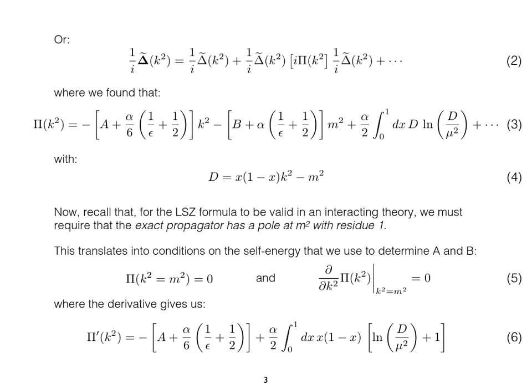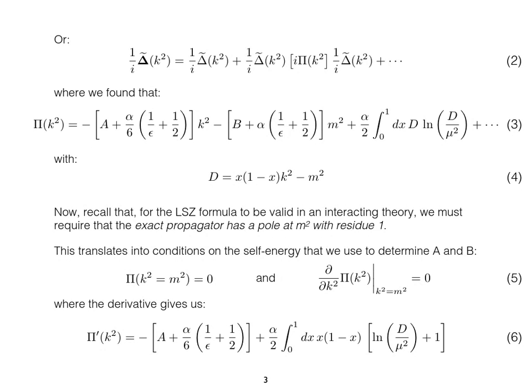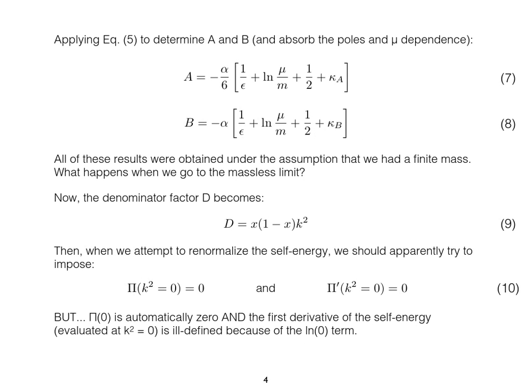The derivative, I've written it out there. I don't know if we wrote it out explicitly last time. But in order for that to be satisfied, when I set k squared equal to m squared and I want the self-energy to be 0, that leaves me with this. A and B have to be this.